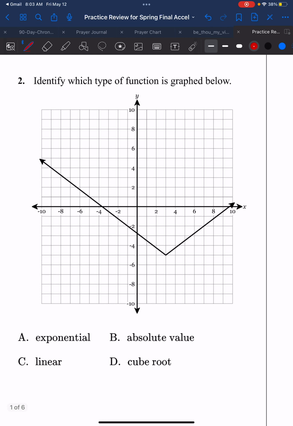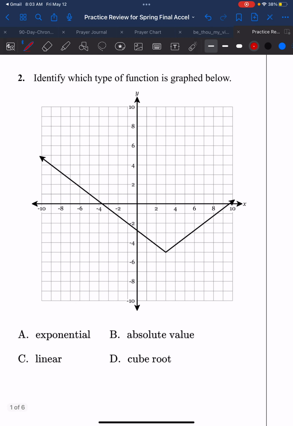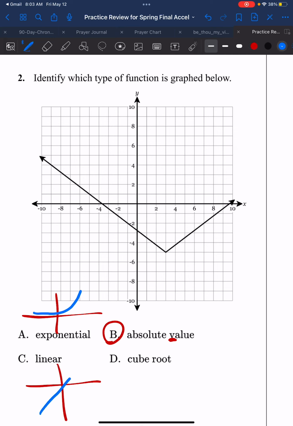So number 2, it says identify which type of parent function is graphed below. The way I remember this is it's kind of like a V shape, and V, an absolute value, tells me that's absolute value. For exponential, it would look something like this. For linear, the first part of the word is a straight line, so it is just a straight line like that.